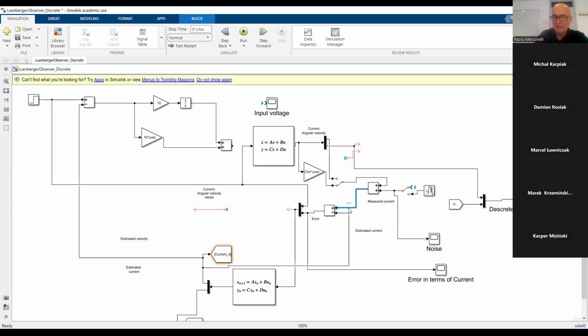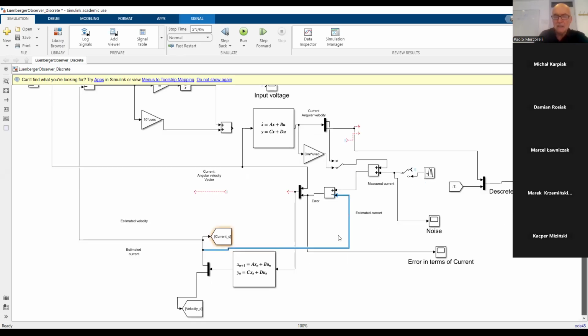Basically, I measure the current. Look, I am comparing with the observed current, and you have two inputs here.